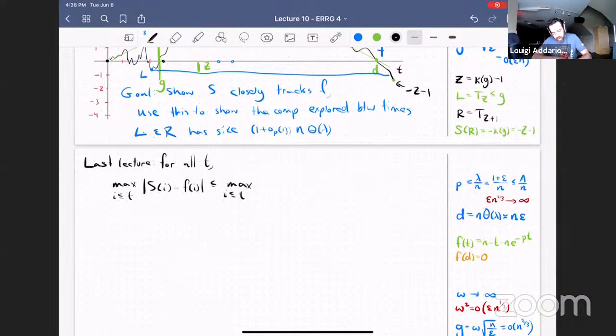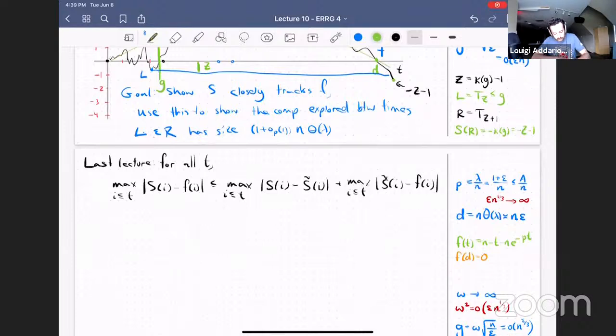One was the difference between S and some auxiliary process S tilde, which more closely resembled a martingale, and then the other was the difference between S tilde and F.